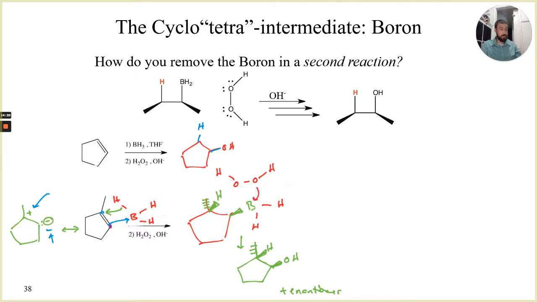Our electrons can go in, causing these electrons to go out and those to go there. The net result is that everything smooshes in the exact same location. We don't get any inversions. We're getting the exact same orientation of everything. Okay? That is technically the wrong mechanism, but it's close enough to it that it works to explain that orientation.